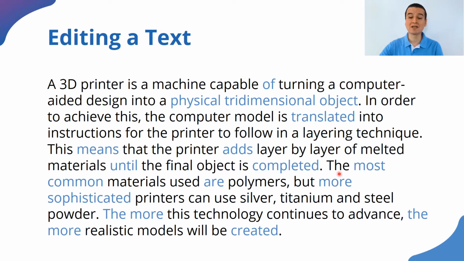The most common materials. Why most? Because we are talking about all the materials. We're not comparing two here. The most common materials used, we're talking about materials, it's plural, are polymers.